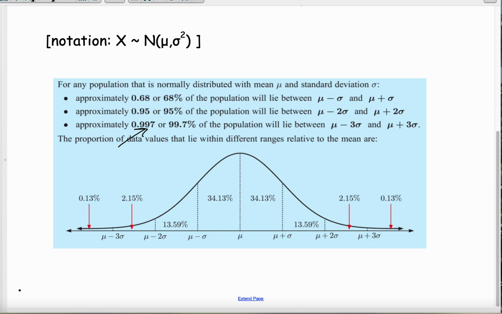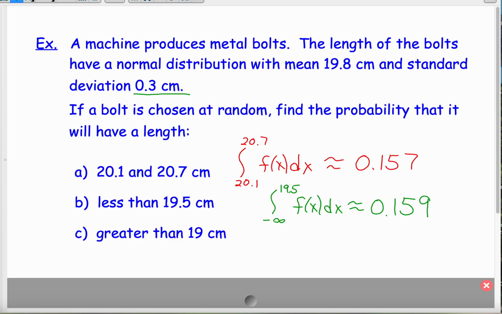That accounts for 99.7%. And so I actually just went 6 standard deviations over, and the amount of area from there to my upper limit wound up being almost exactly the same as if I had gone way down to negative infinity, or as close to negative infinity as possible. So keep that in mind.